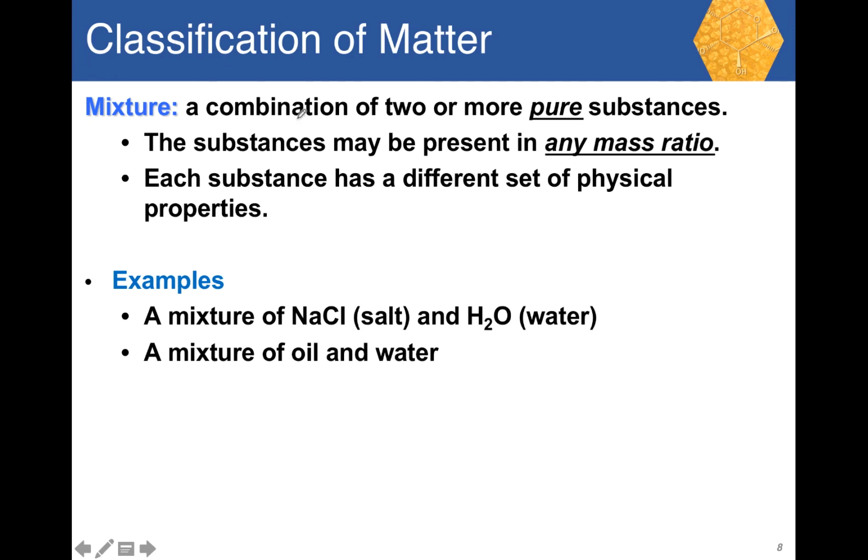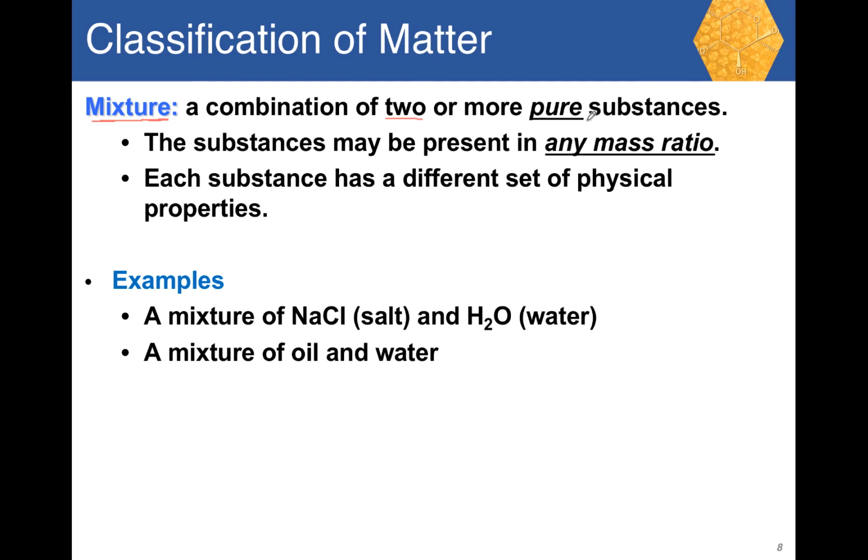Let's look at the next slide here, and this is another concept that we're introducing, and this is of a mixture. So again, as usual, let's define a mixture, and then we'll give you some examples to have you apply that definition. A mixture is a combination of 2 or more pure substances.